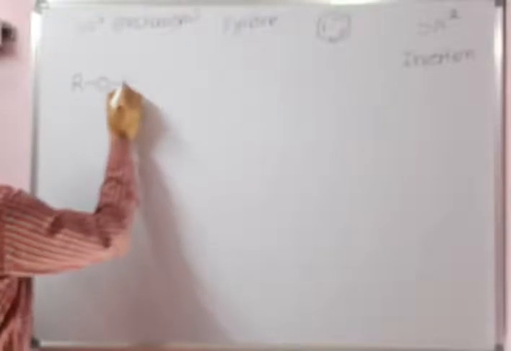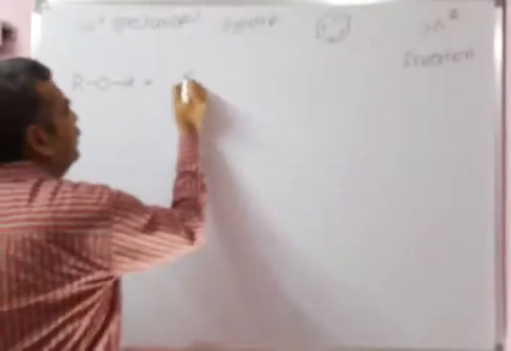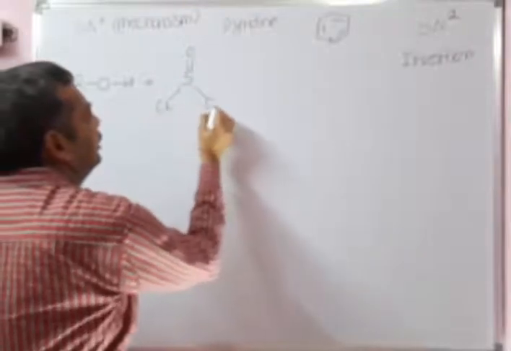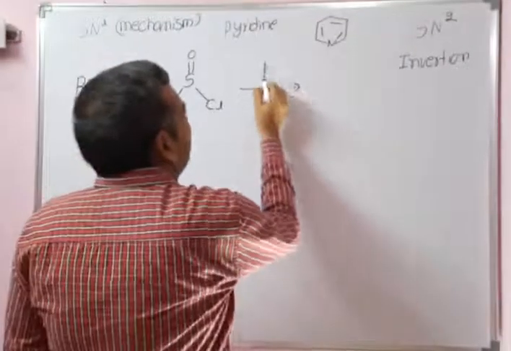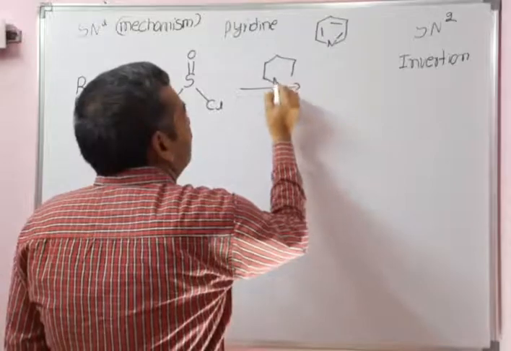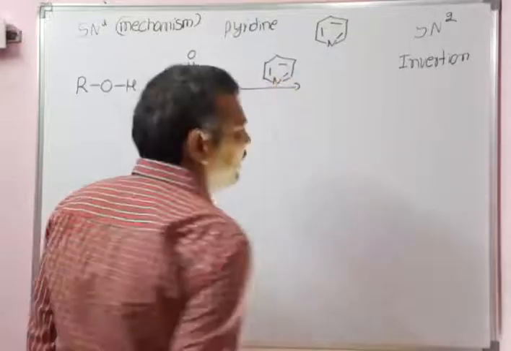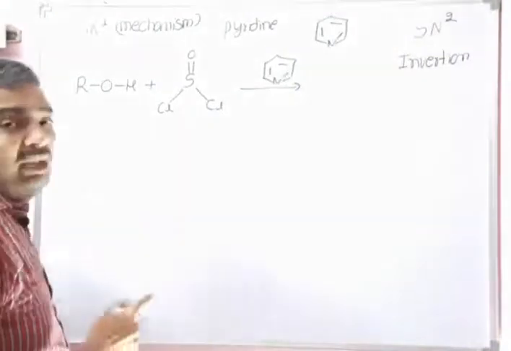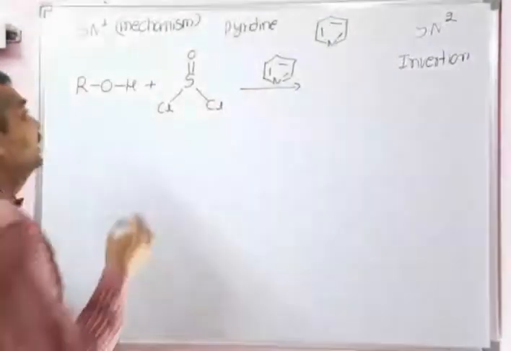See, alcohol reacts with thionyl chloride in presence of pyridine. The reaction is same, mechanism also same, but it is following a different mechanism, different substitution reaction.